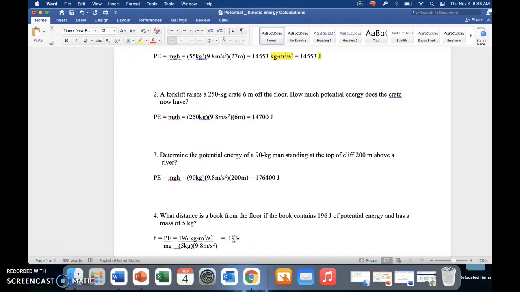So now I'm going to have my 196 kilograms meter squared per second squared. Again, make those into exponents so you can see that they are squared.